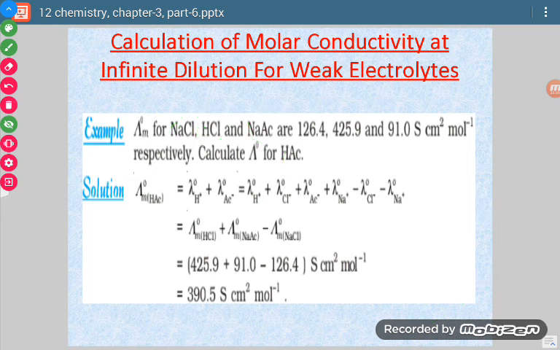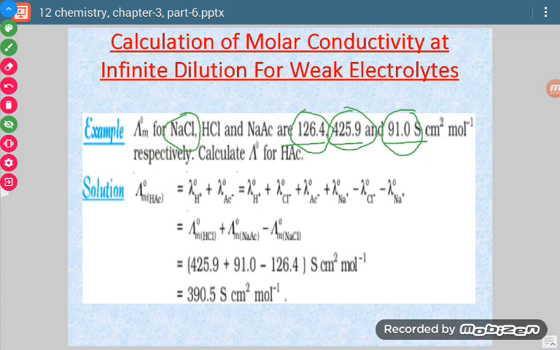Now we are given the values of molar conductance for compounds. This particular ionic compound gives Na positive and Cl negative ions. So this value is equal to the sum of the limiting molar conductance of Na positive and the limiting molar conductance of Cl negative. Similarly, this value is the limiting molar conductance of H positive and of Cl negative, and this is the sum of the limiting molar conductances of Na positive and acetate ion.